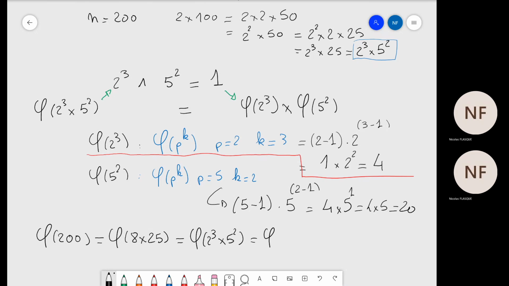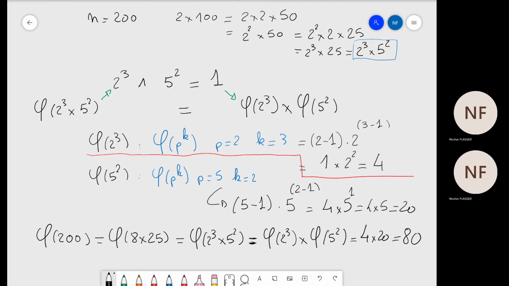We know that, and this is very important, so be very careful at this decomposition step, phi of 2 to the power of 3 times 5 to the power of 2, because 8 and 25 are coprime numbers, is 4 times 20, which is equal to 80.